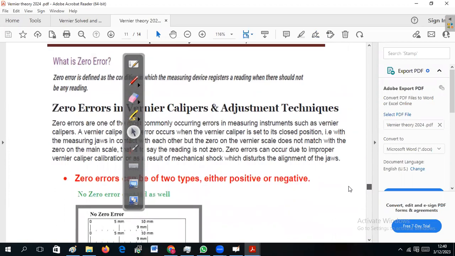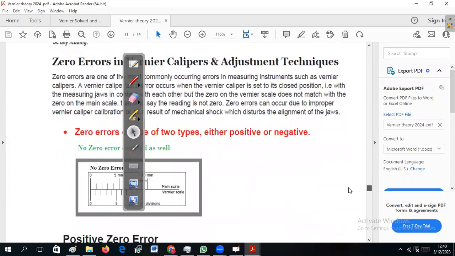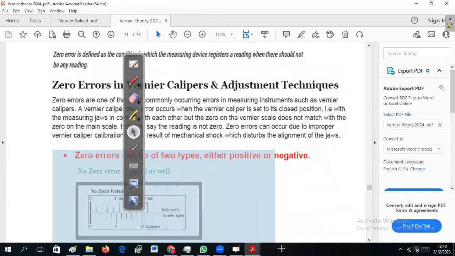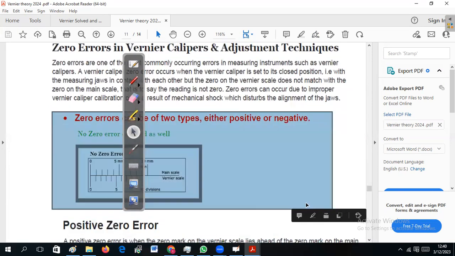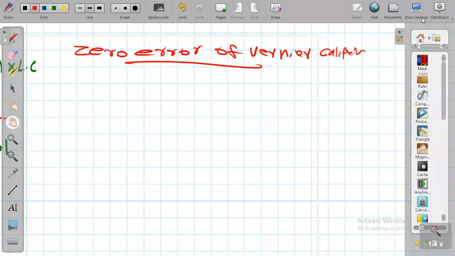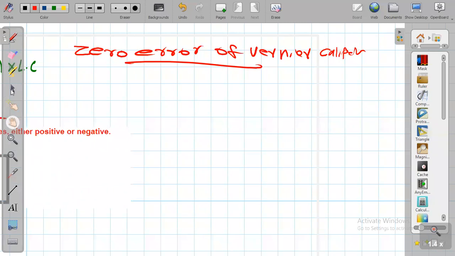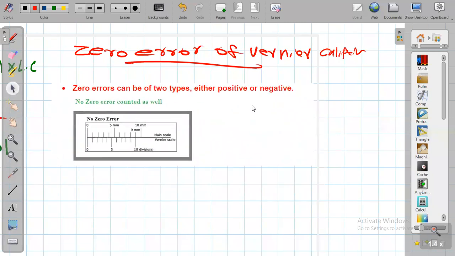Now it's time to learn about the zero error. Now write this in a new line. In a vernier caliper, when both external jaws are firmly closed.